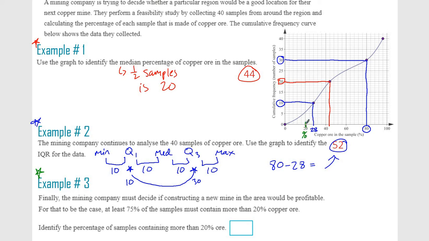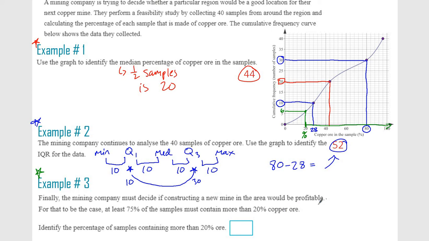We want 20% or more, anything over here. At 20%, we're at roughly 6 samples, which is when I start to see an increase in percentage of ore.